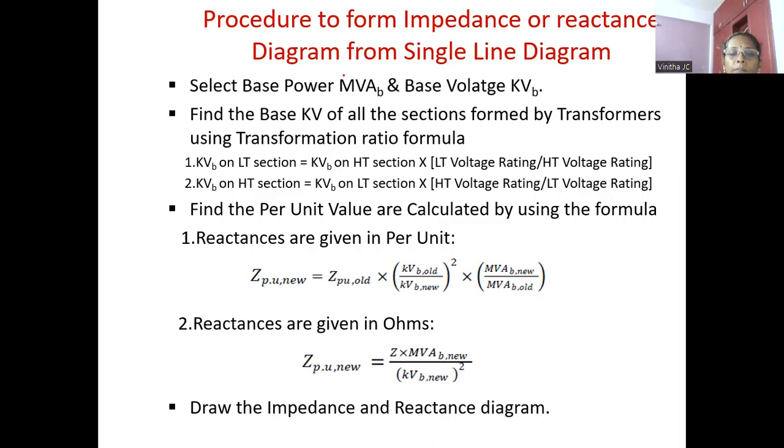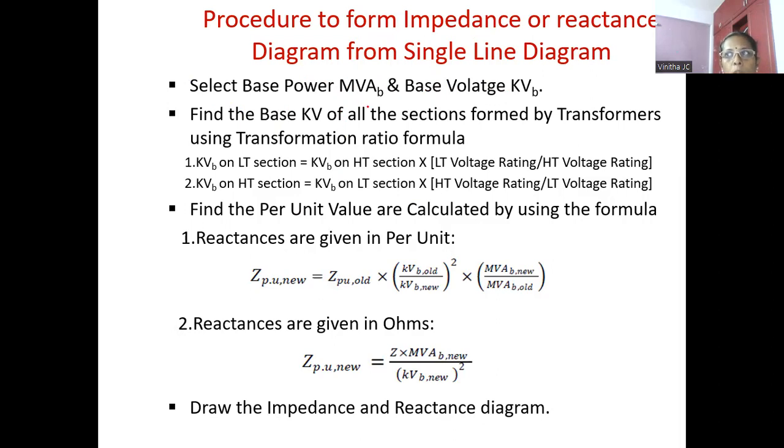Now let us discuss the procedure to form the impedance and reactance diagram from the single line diagram. So the first step is we need to select the base MVA and base KV. So how to select base MVAB?